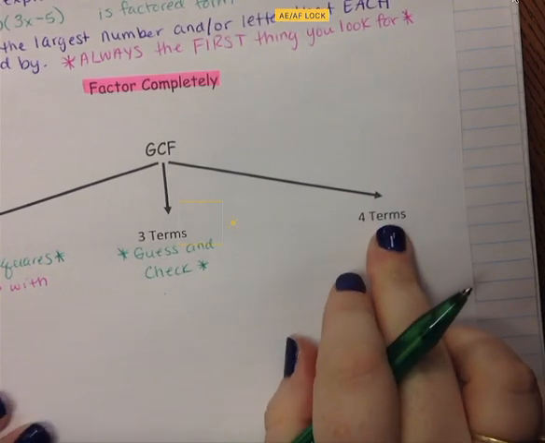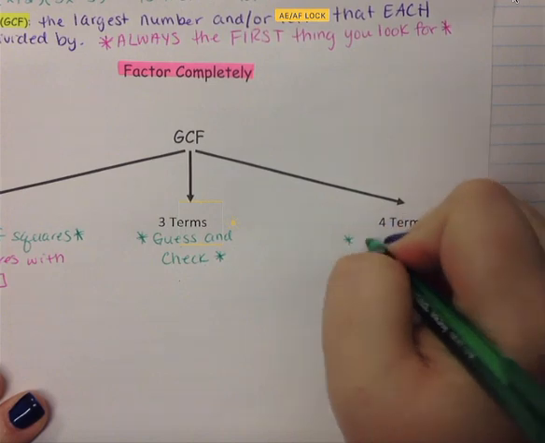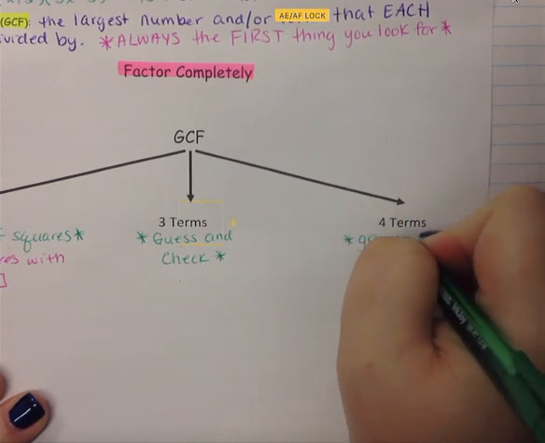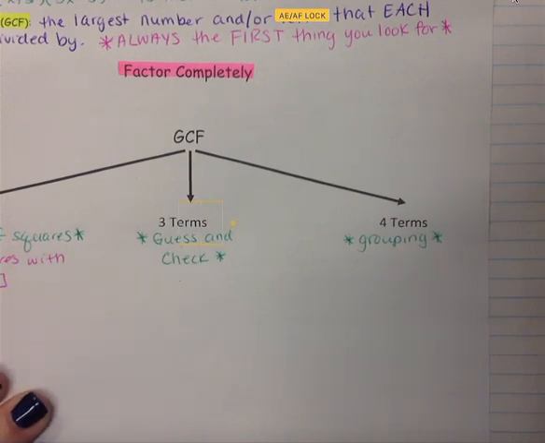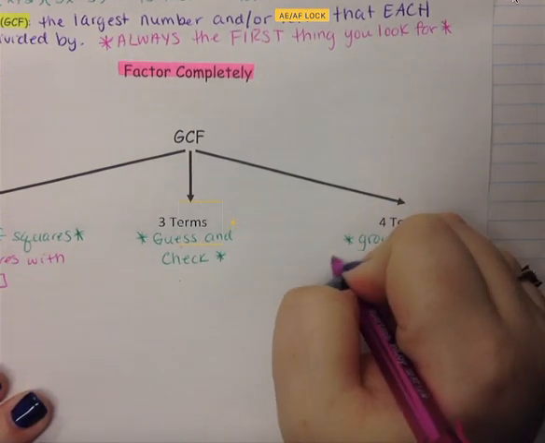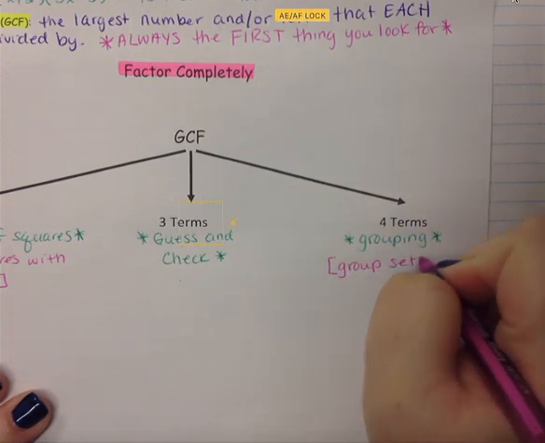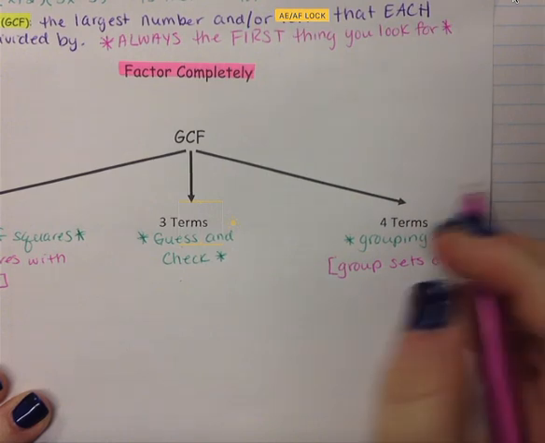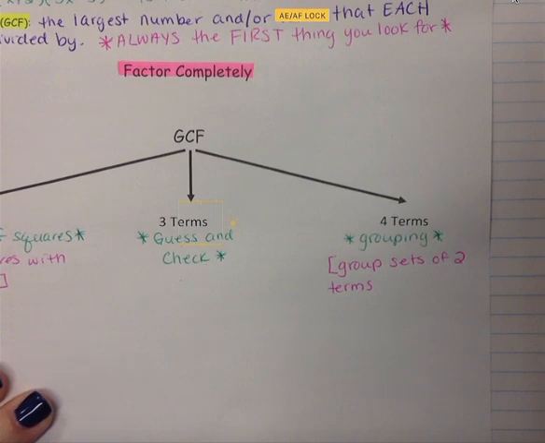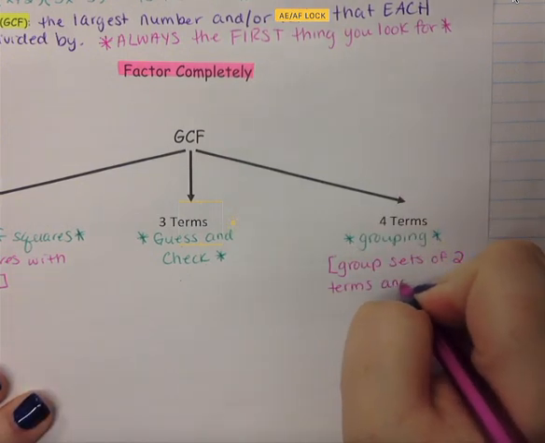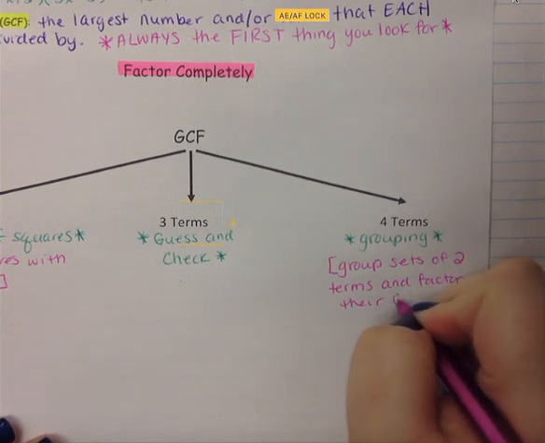And finally, if you have four terms after you have factored your GCF, you're going to use grouping. Other people might call this the box method. It's grouping. You're going to group sets of two terms that have something in common and factor their GCFs.